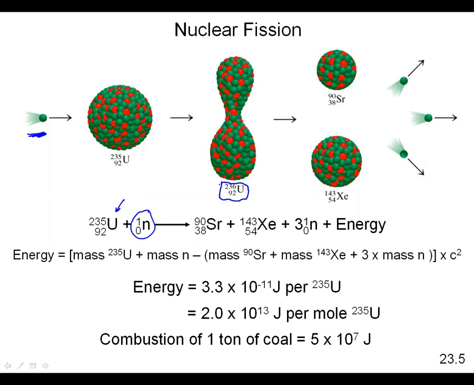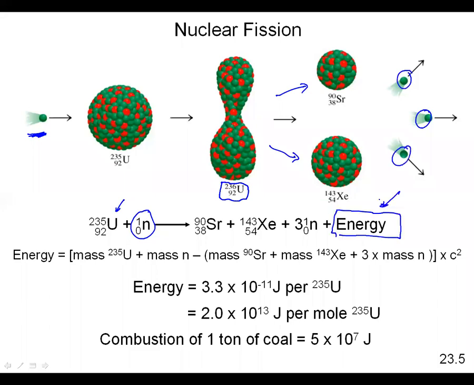And then typically it will go through fission, which means it splits off into some new nucleuses, as we see here. Those new nucleuses will usually be accompanied by some more neutrons that get developed in this process. And this process also generates, right here, a ton of energy.